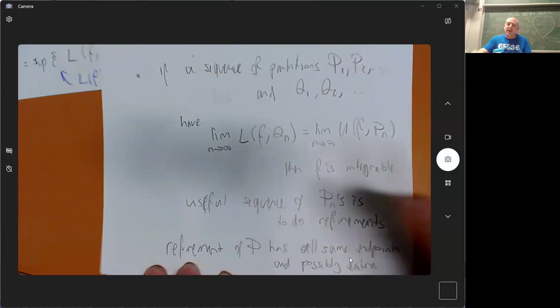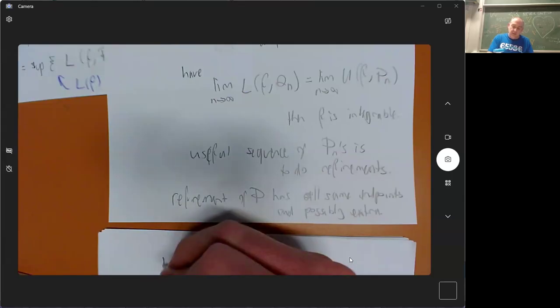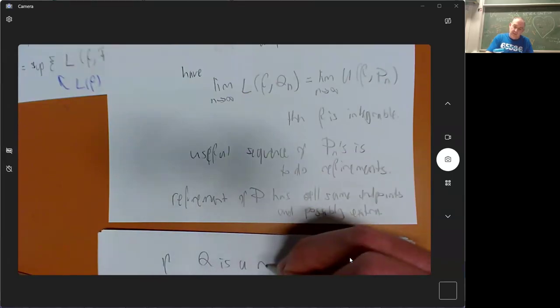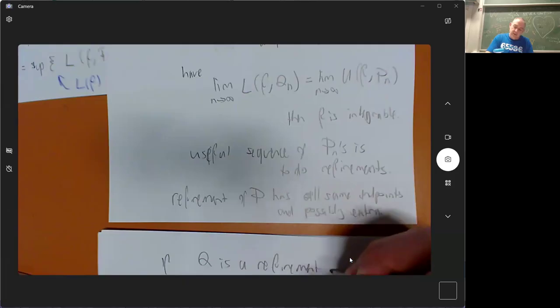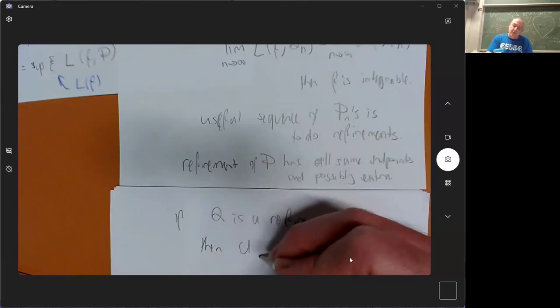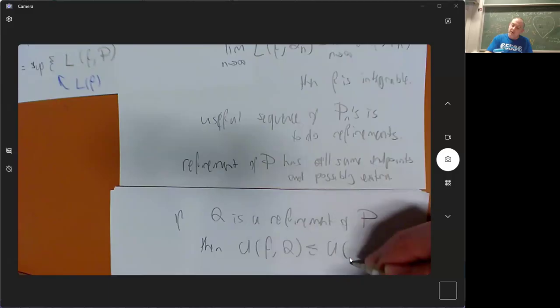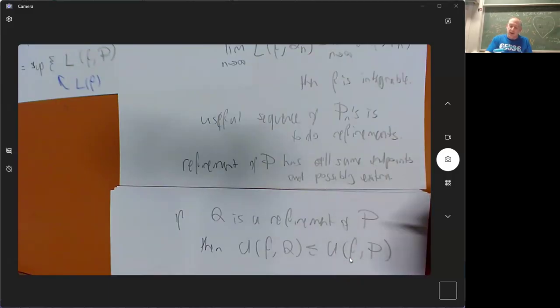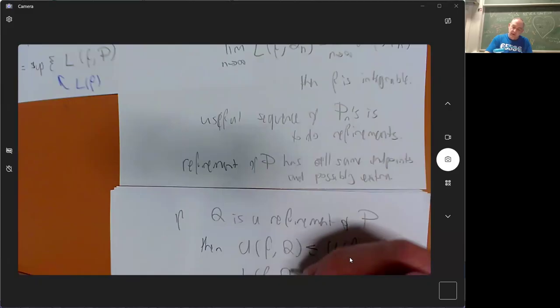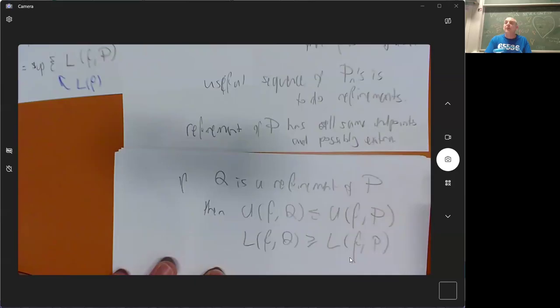And that comes from a lemma or a theorem that says that if Q is a refinement of P, then the upper sum of f over Q is less than or equal to the upper sum of f over P, and the lower sum of f over Q is greater than or equal to the lower sum of f over P. If you refine, the lower sums go up and the upper sums come down, and they get closer together.